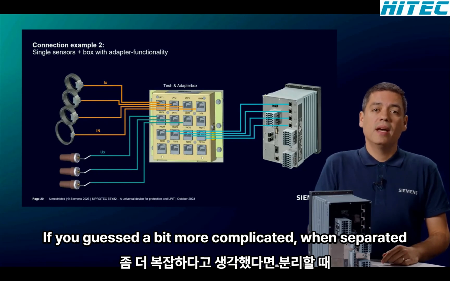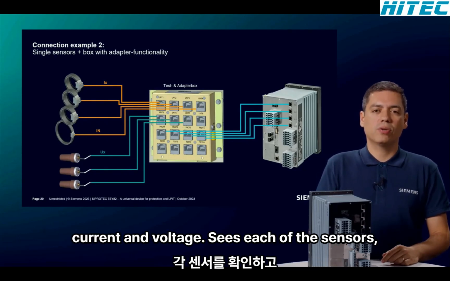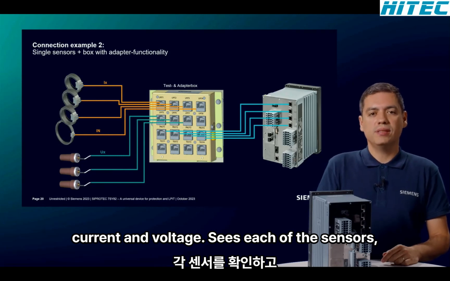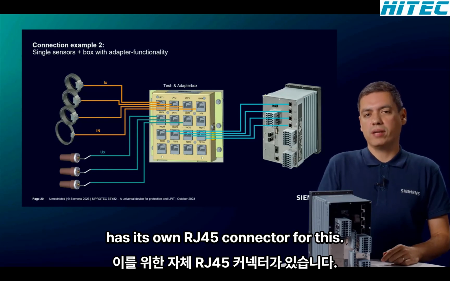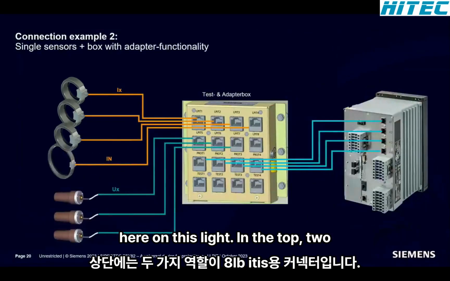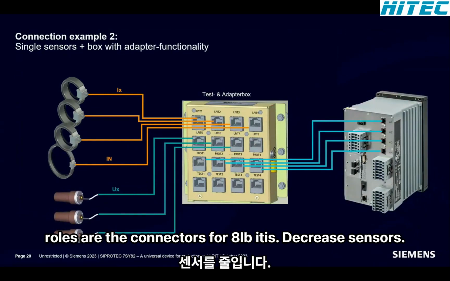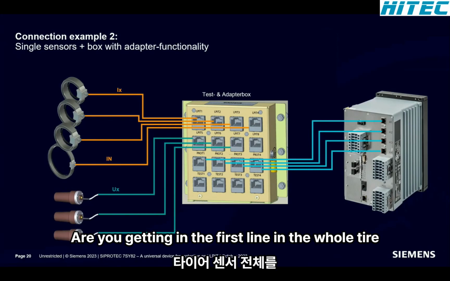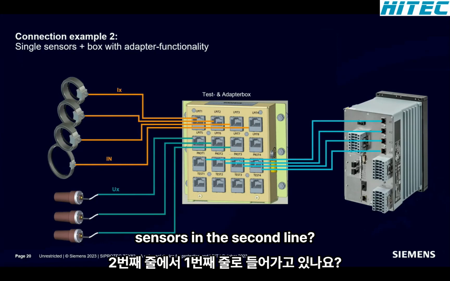It gets a bit more complicated when separate sensors are used to measure current and voltage, since each of these sensors has its own RJ45 connector. For this, we recommend the adapter box shown here on the slide. In the top 2 rows are the connectors for 8 LPITs. The current sensors are plugged in the first line, and the voltage sensors in the second line.